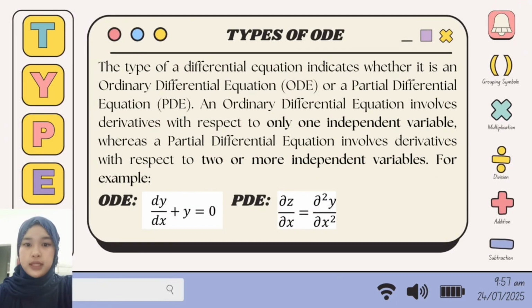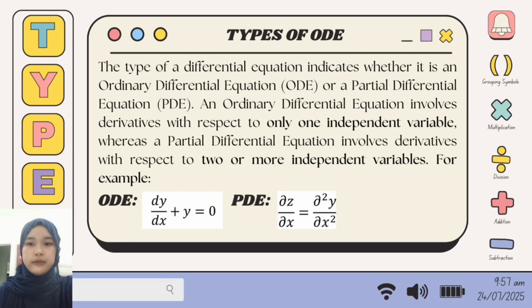Today I will explain the types of differential equation. Differential equation is divided into two main types, which are ordinary differential equation, or we call ODE, and second, partial differential equation, we call PDE.